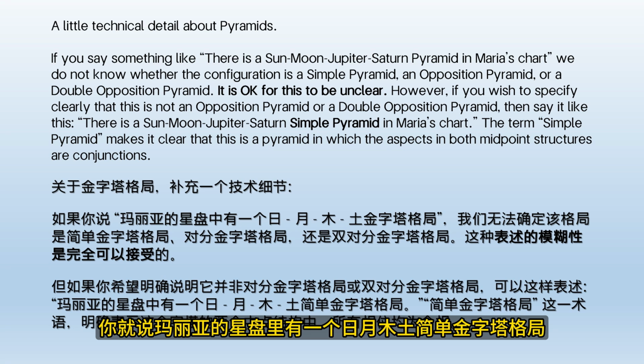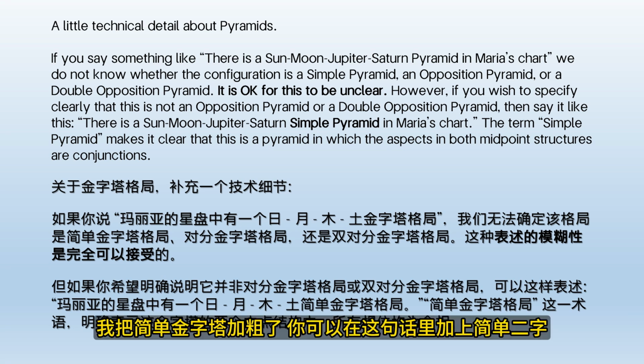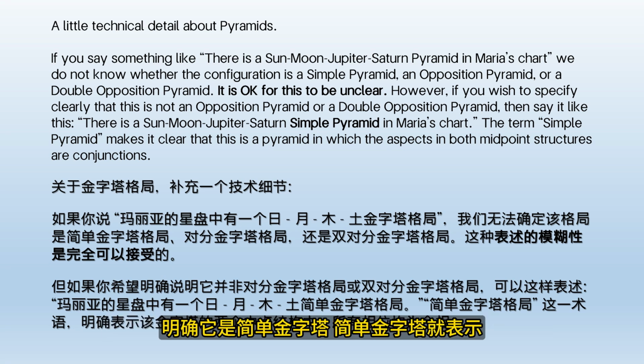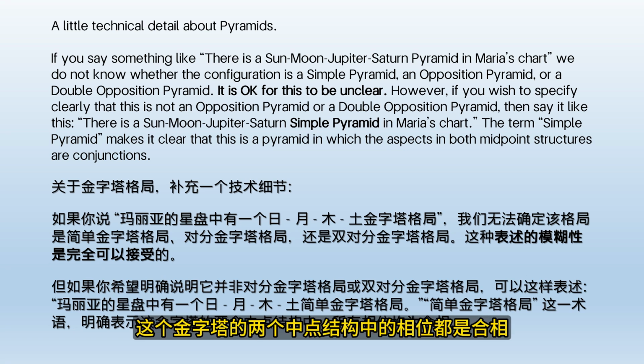I put simple pyramid in bold. You can add the word simple to the statement and make it clear that it's a simple pyramid. So if you say simple pyramid, it makes it clear that this is a pyramid in which both aspects are conjunctions. The aspects in both midpoint structures are conjunctions.